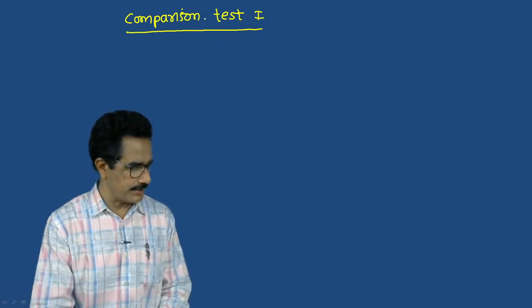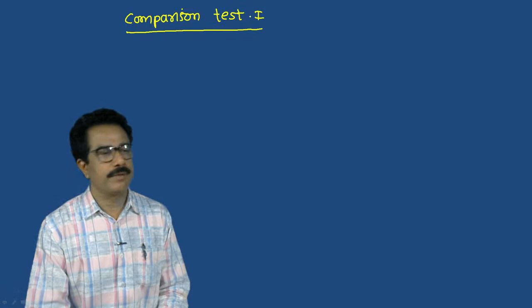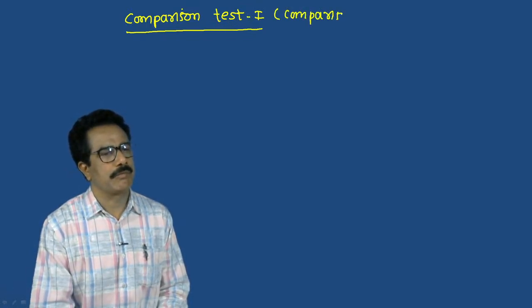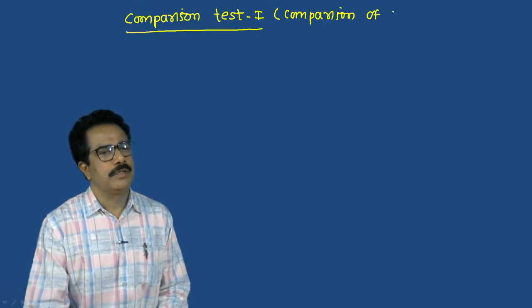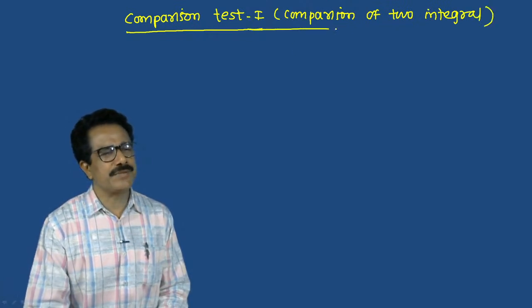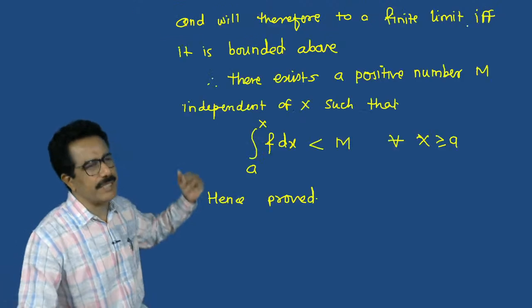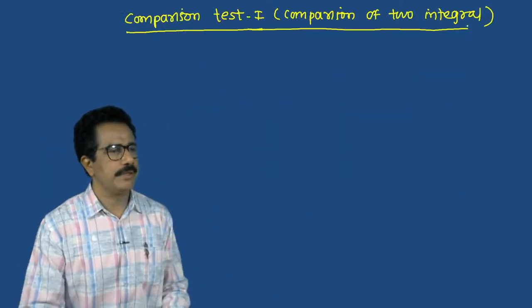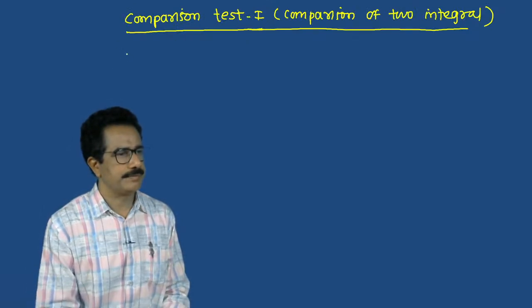As in the previous chapter which we have studied, the comparison test is the comparison of two integrals. Comparison test first is also one type of theorem, so we can write: Theorem number 4.